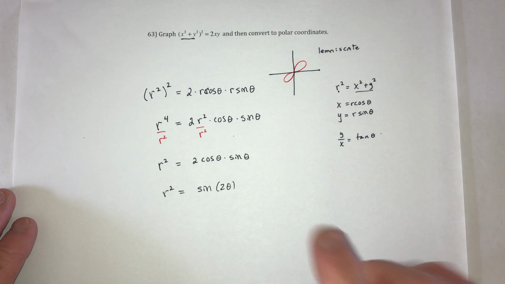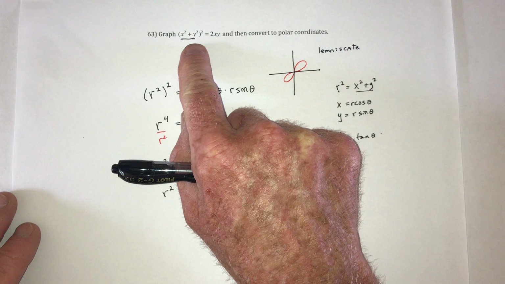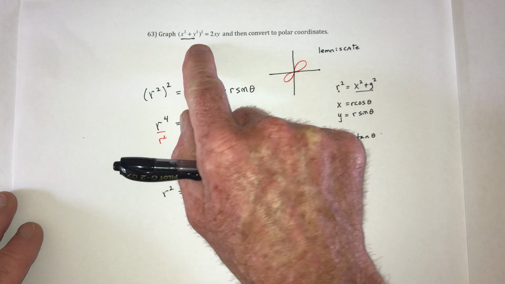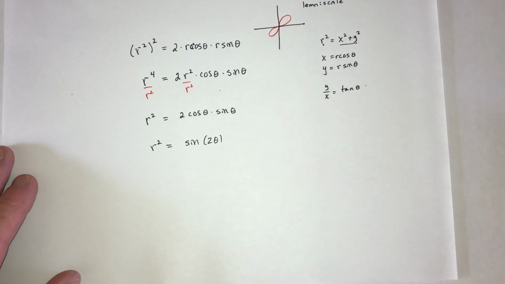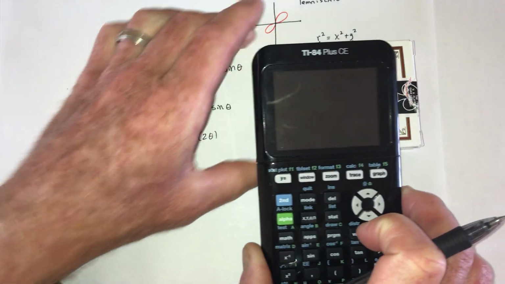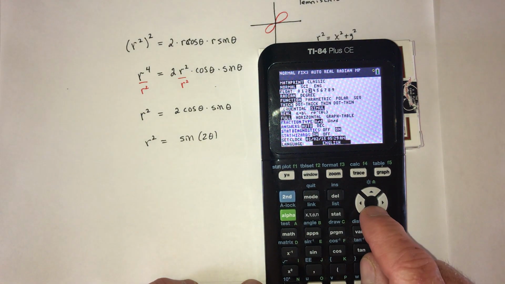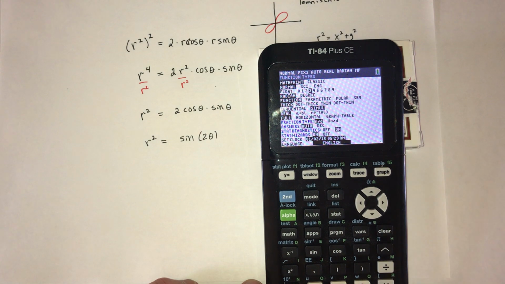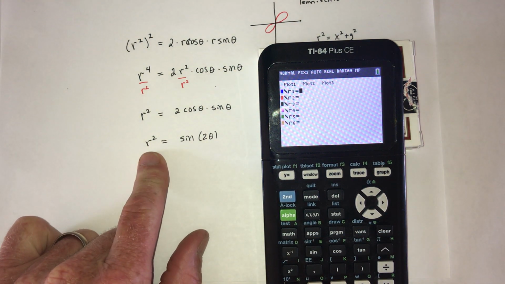So this is another one of those where, look at, with my TI-84, I could not even graph this. It's so complicated. But if you change it to polar, all you need to do is take the square root and you could graph it on the TI-84 now. So if I change it to polar, I'll need to take the square root.